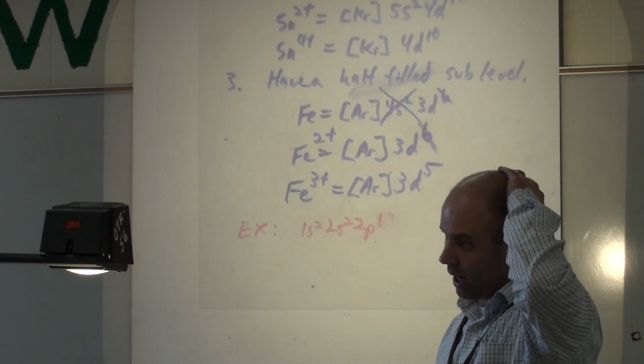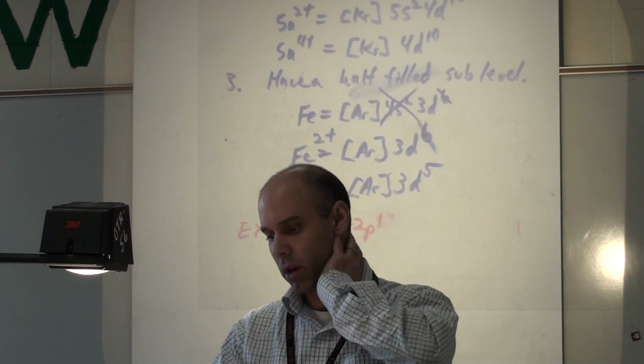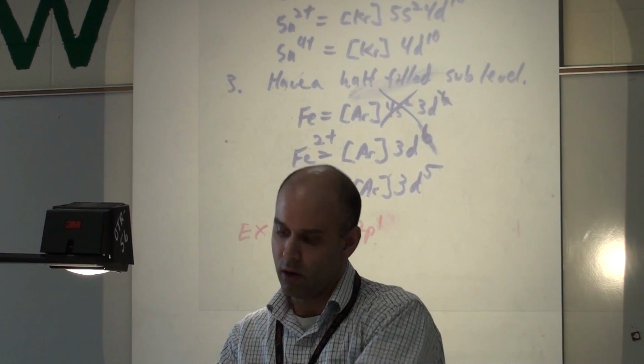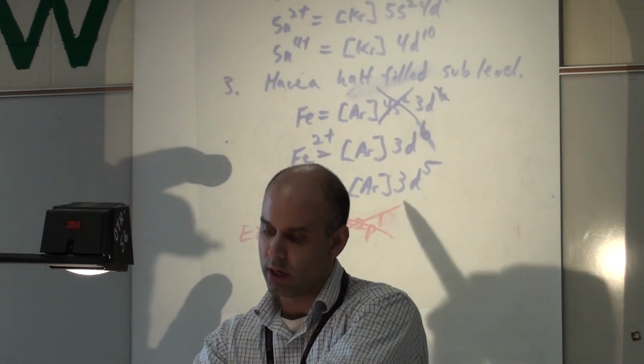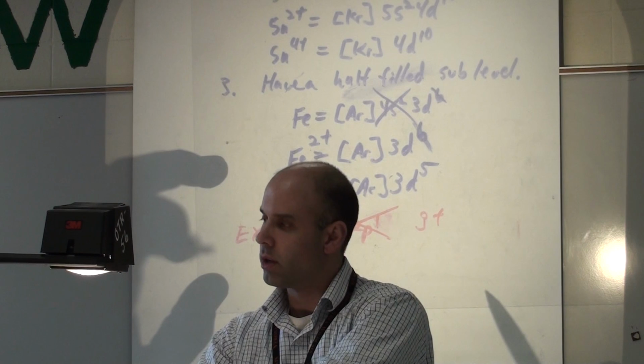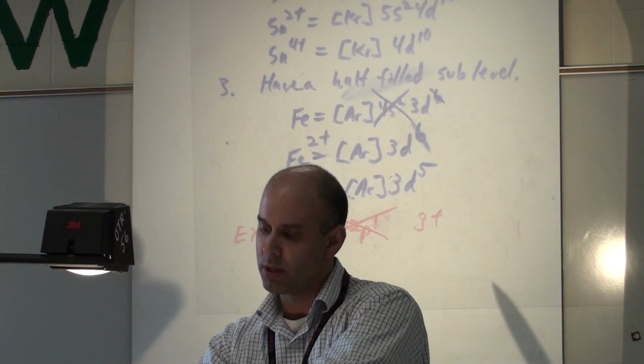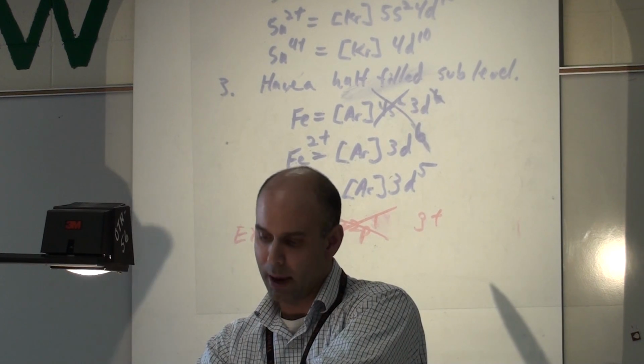Now, don't forget you can add electrons too. You don't have to just take away. So, the most likely scenario is to get rid of all of the second energy level and form a 3 plus charge. Now, sometimes there are other options that don't happen too often.